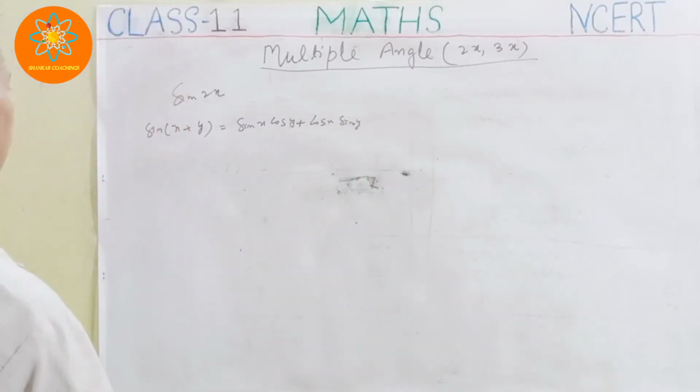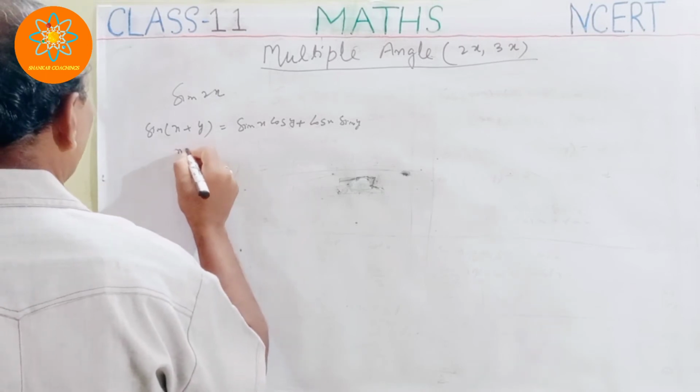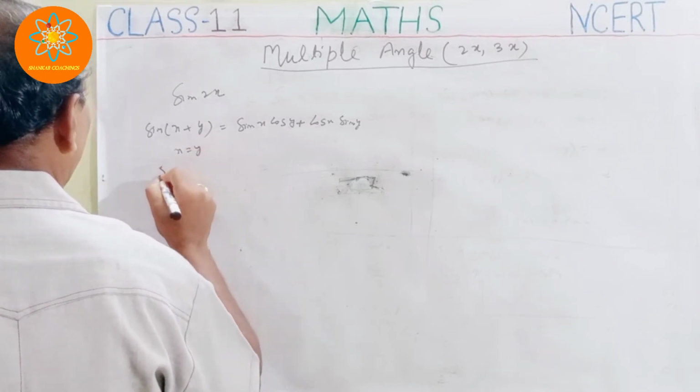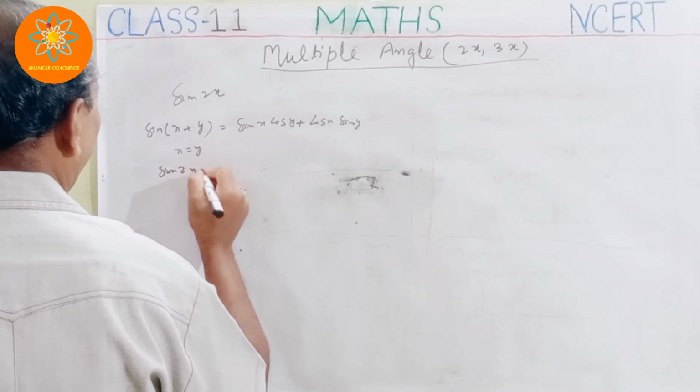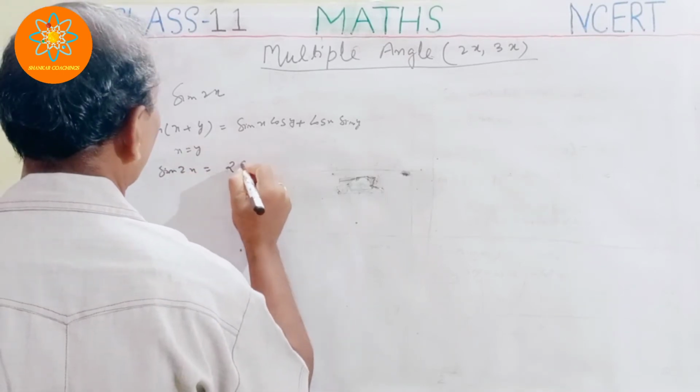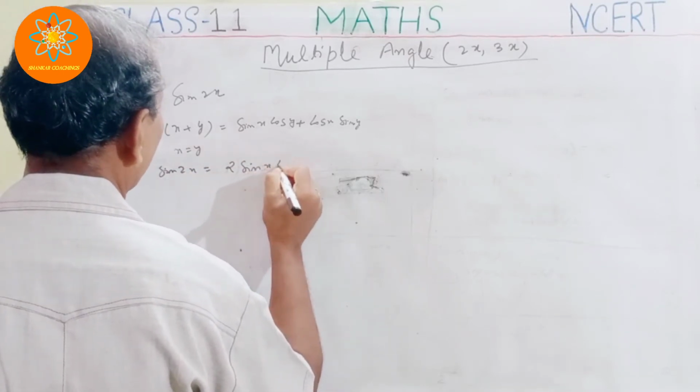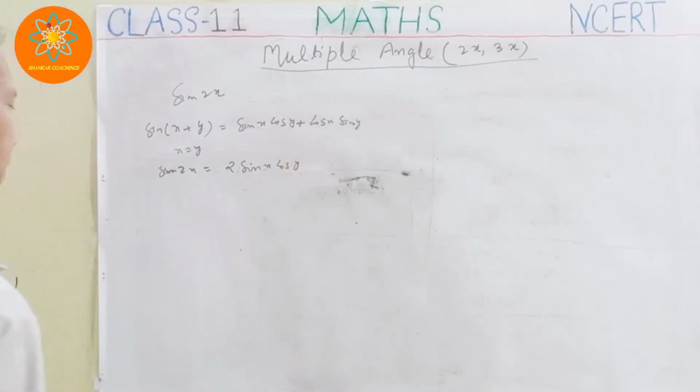If I put x equal to y, then the value of sine 2x is equal to 2 sine x cos x. Sine 2x is this much.